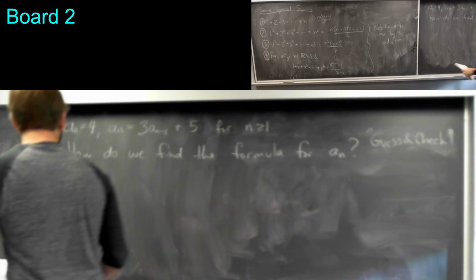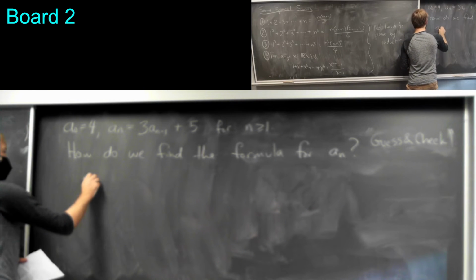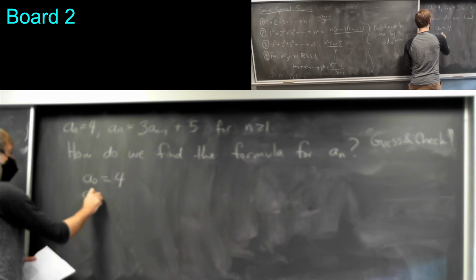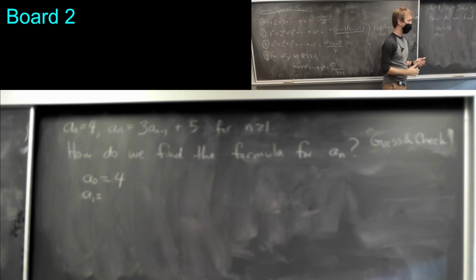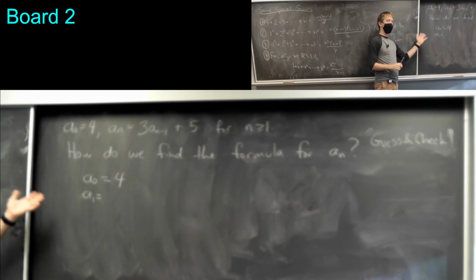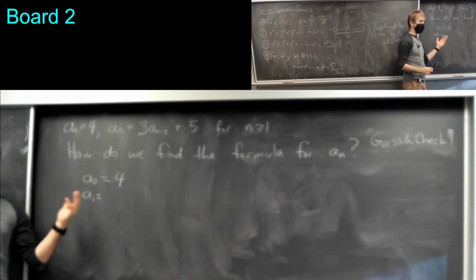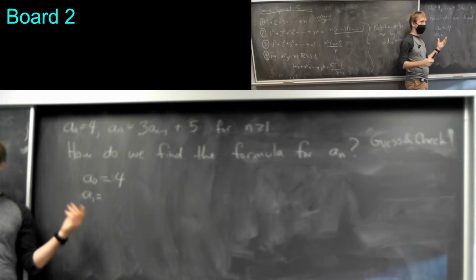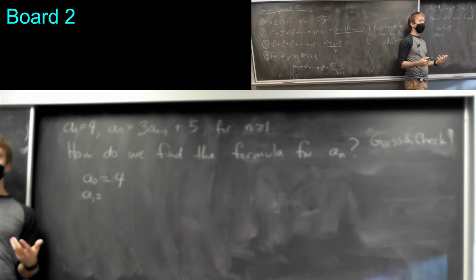So here's a way you can start to guess a solution. I'm just going to write A0, which is 4. So I'm going to start writing out terms of the sequence, but I'm not going to completely compute them, because I'll demonstrate in a second why that would be a bad idea. If I actually compute A1 exactly and compute A2, A3, A4, etc., it's not going to be clear what the pattern is.